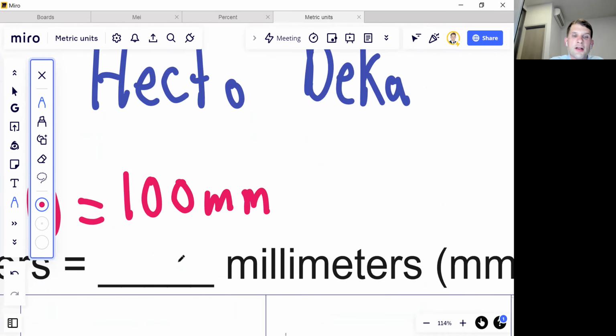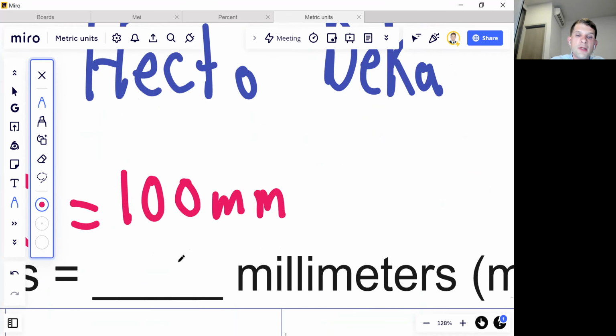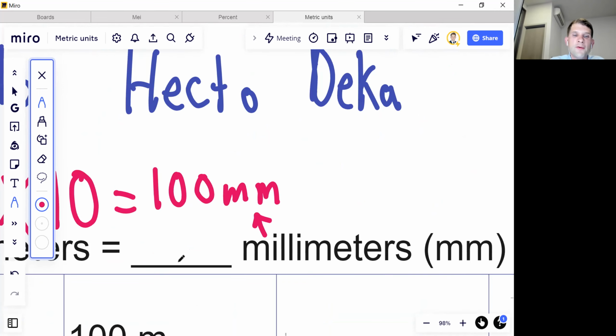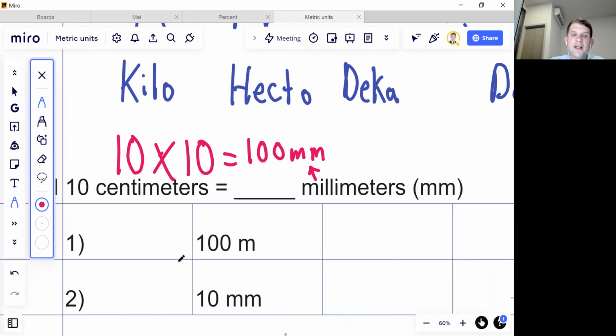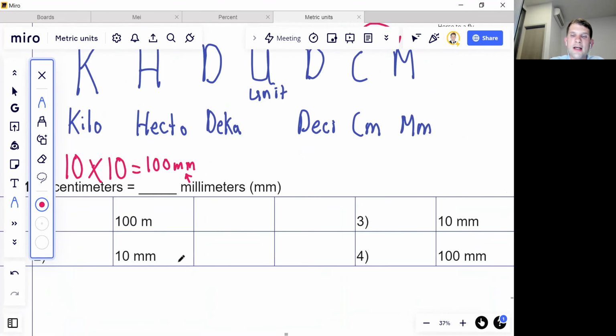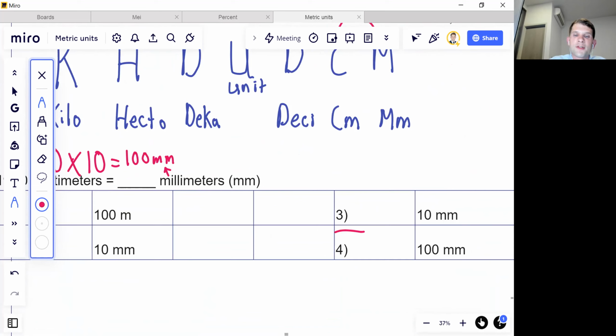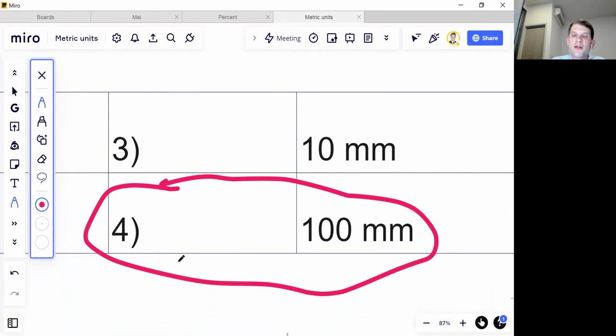As you see, the abbreviation for millimeters is mm. So don't be fooled here and select option number 1. It happens to be 100 m, but that's 100 meters. So be careful here with your units and make sure you select option 4 instead, 100 millimeters, okay?